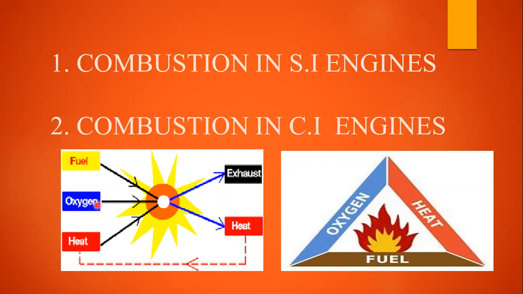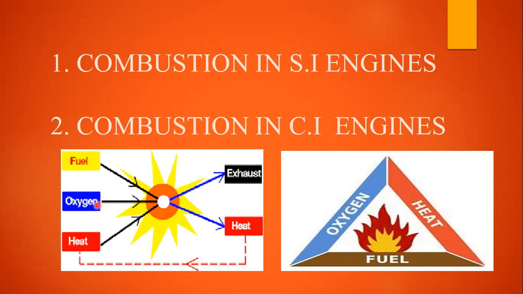First of all there will be proper mixing, and after that we are going to compress the mixture to attain some pressure and temperature, otherwise at normal conditions it is not going to ignite. So we need to increase the pressure and temperature of the air-fuel mixture. Only when there is high pressure and temperature will it ignite.